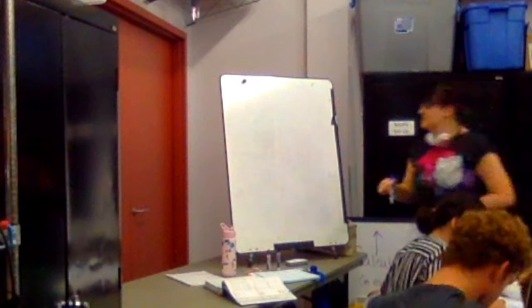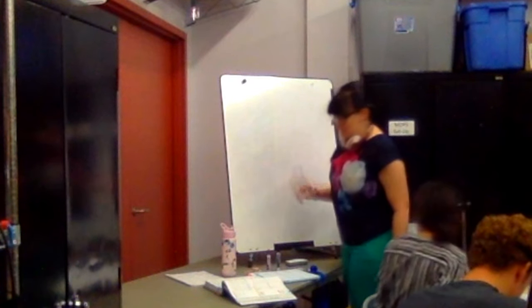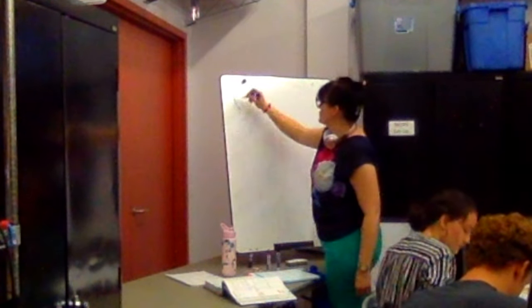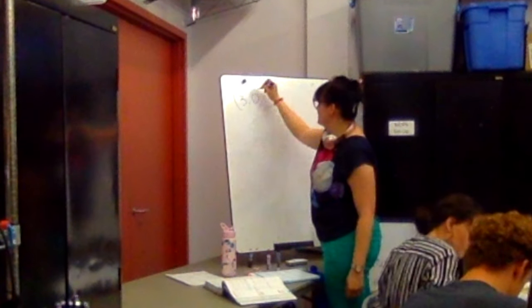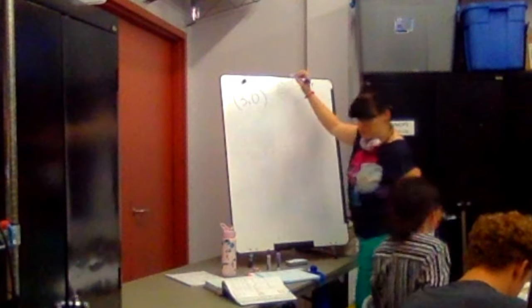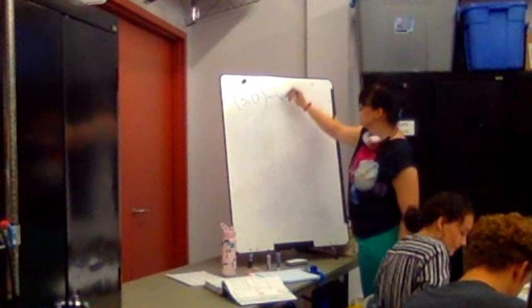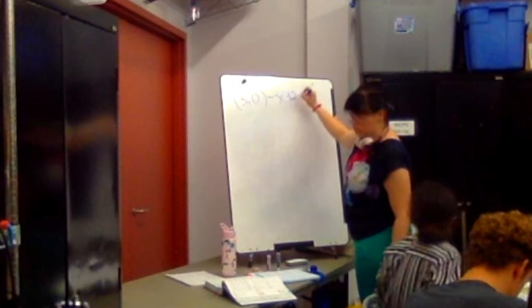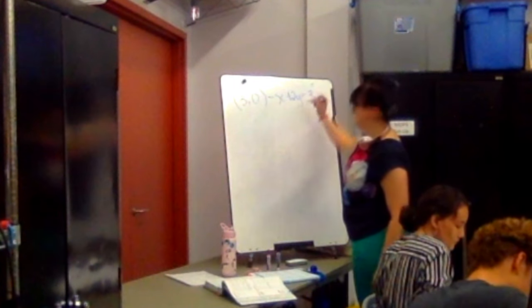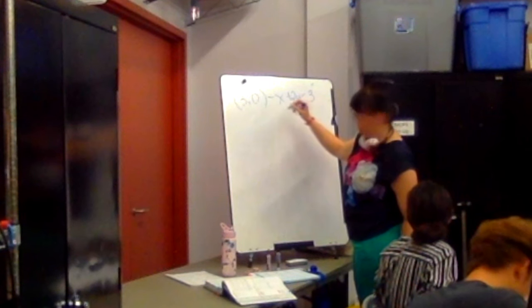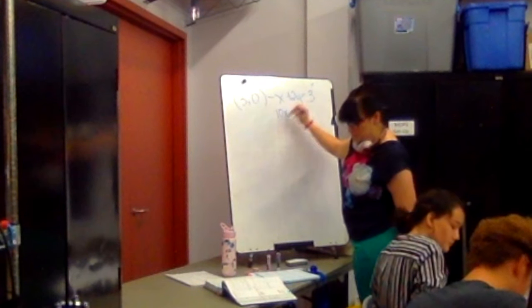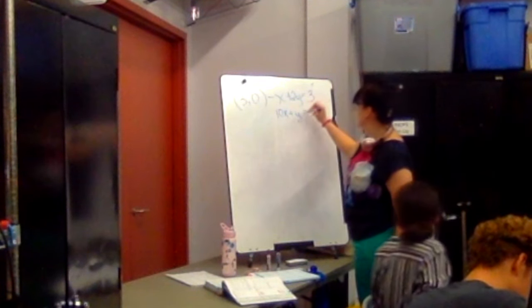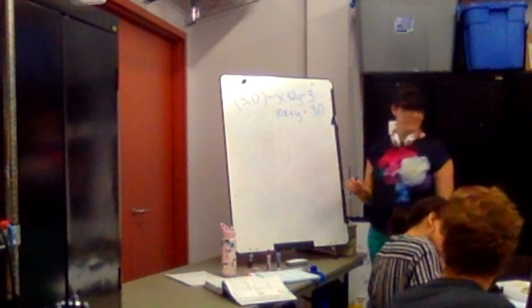Okay. So, number 12 says, check whether the point (3, 0) is a solution of the equation negative x plus 2y equals 3, and the equation 10x plus y equals 30.